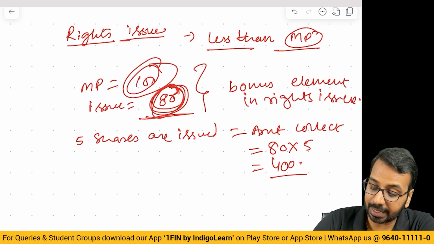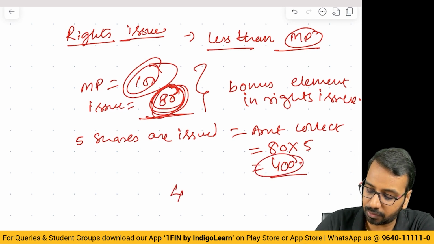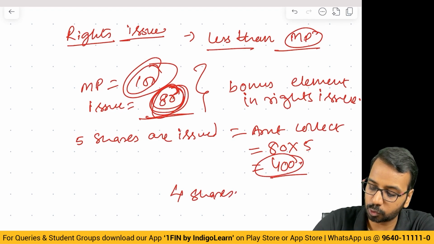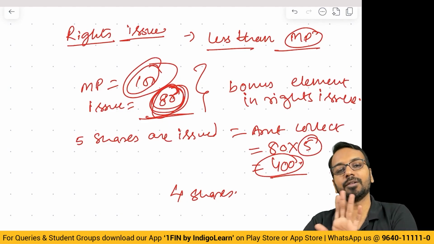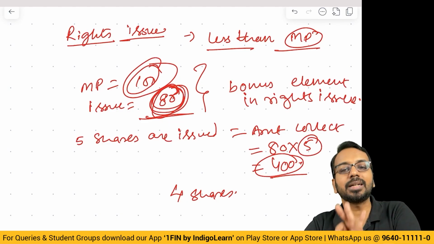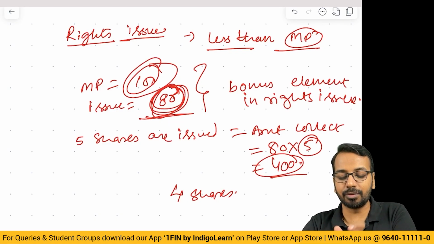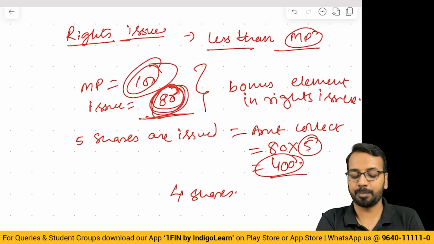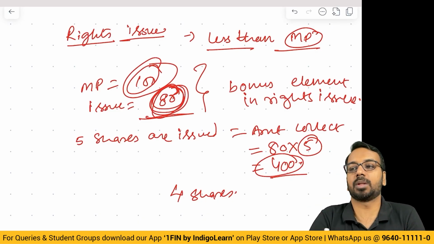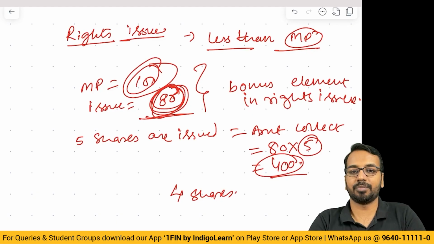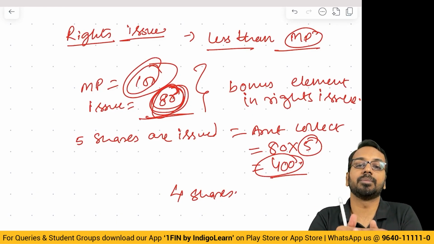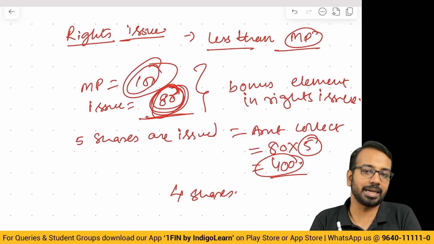If I had gone to the market against 400, I would have given only 4 shares. So technically I am giving 1 share for free. So that is why there is a bonus element in the rights issue, and that we will do a full year adjustment. I'll not get into the depth logic of this because that is not our objective, right? What we'll do is we'll see step by step what is the approach to solve questions involving rights issue.